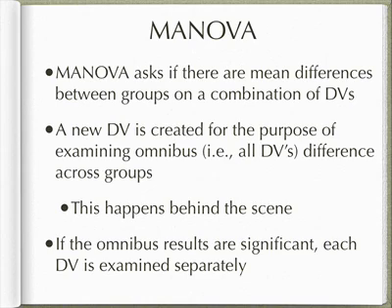And if that newly created, behind the scenes dependent variable differs across our groups, then it suggests that at the univariate level, there must be some significant differences across the ANOVAs that are associated with each of the dependent variables.